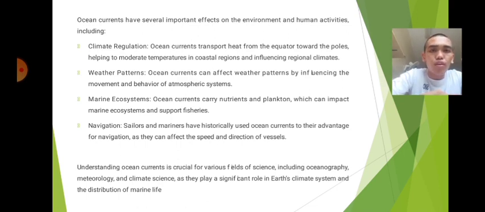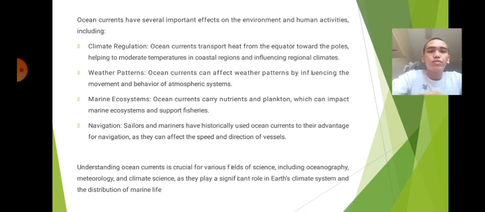Next is weather patterns. Ocean currents can affect weather patterns by influencing the movement and behavior of atmospheric systems. Next is marine ecosystems. Ocean currents carry nutrients and plankton, which can impact marine ecosystems and support fisheries.